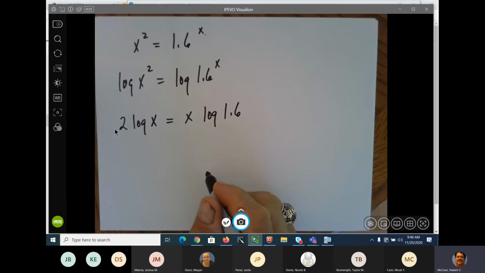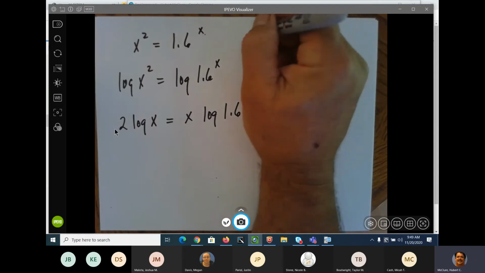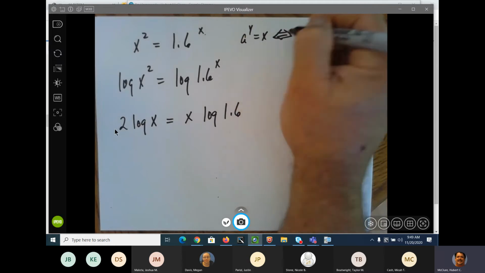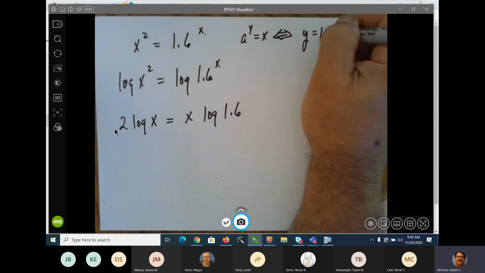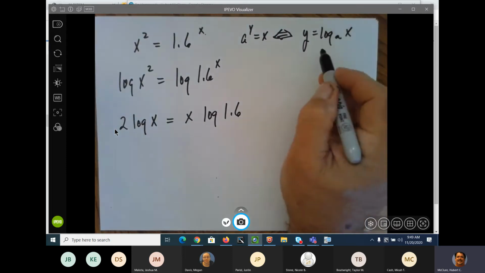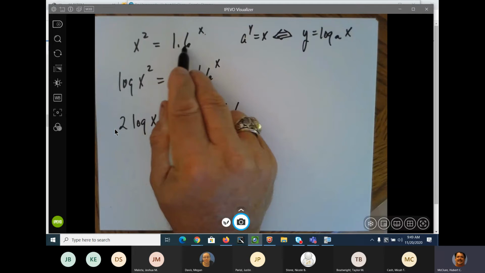You might have to do that one with the definition of a logarithm, which would be a to the y is equal to x yields y is equal to log base a of x. And your a is 1.6.